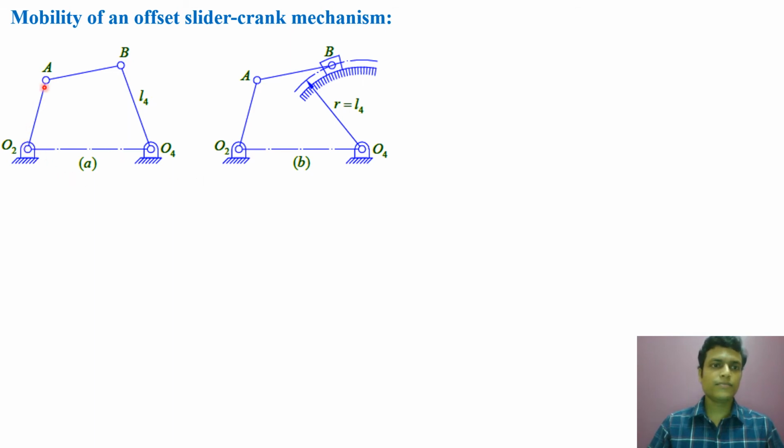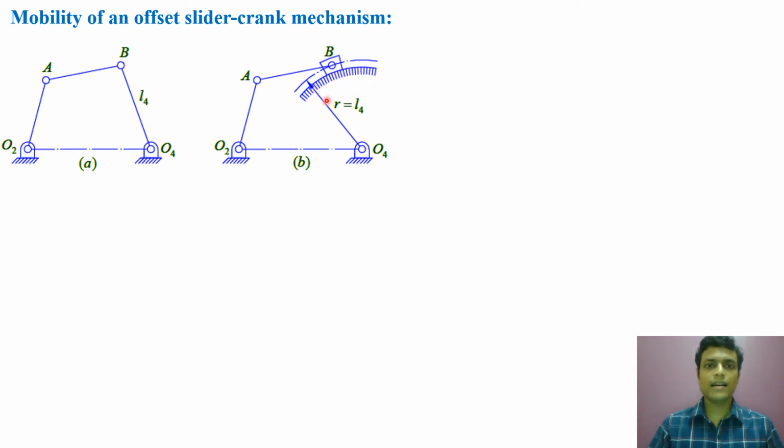How it is possible, I am showing to you. Say this is a 4-bar linkage O2AB O4, and this is link number 4, that is O4B, and the length of link number 4 is L4. Now we have replaced link number 4 by this arrangement here. What is the arrangement here? We have put a surface with arc radius r equal to L4 and put a slider here which can slide on this arc.